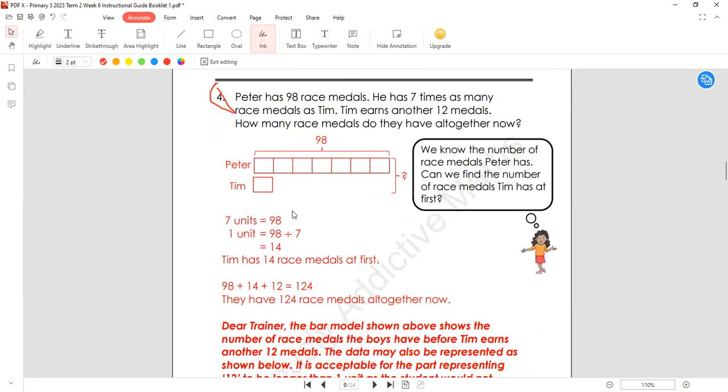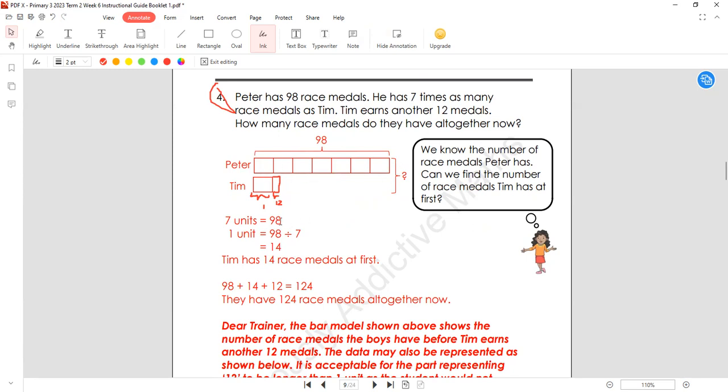So let's do it step by step before he earns another 12. They can draw it together this way if they want. But before that, the idea is to find the value of 1 unit first. Peter has 98 race medals, and he has 7 times as many as Tim.